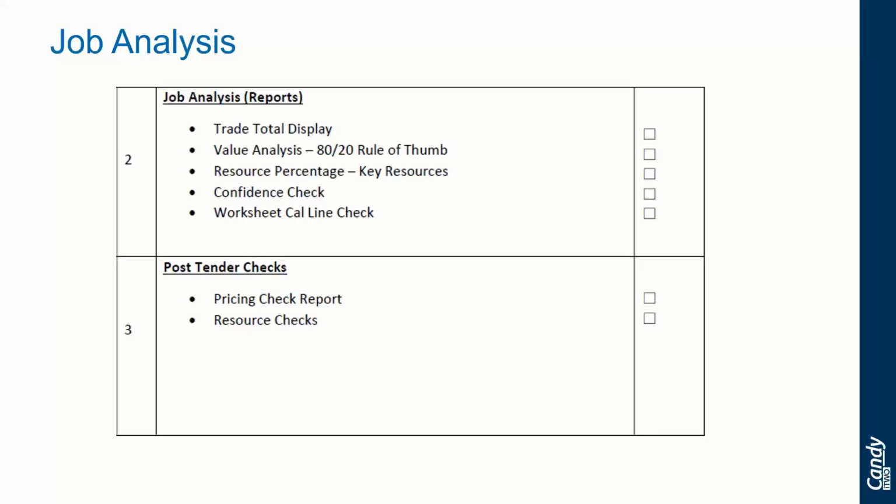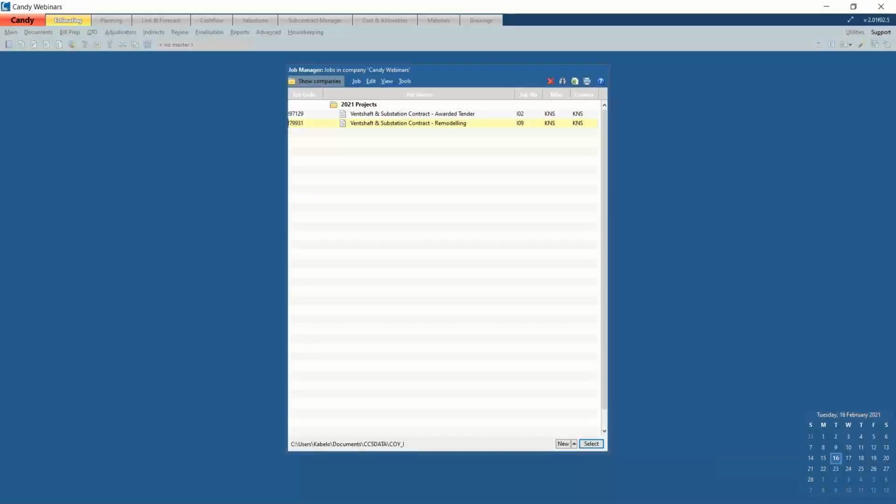I will now switch live to Candy and run all the listed analysis in my Candy job. Currently in my Candy job, I've run through the whole stage of my job setup for post-tender stage. Therefore, I've duplicated my job.